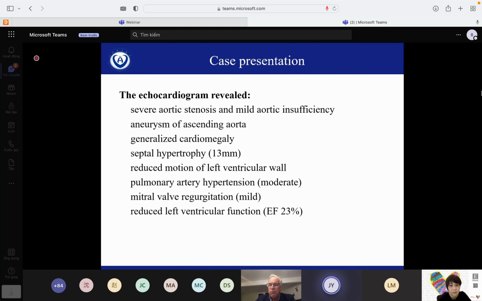She had reduced left ventricular function with an EF of 23%. She also suffered from moderate pulmonary artery hypertension.